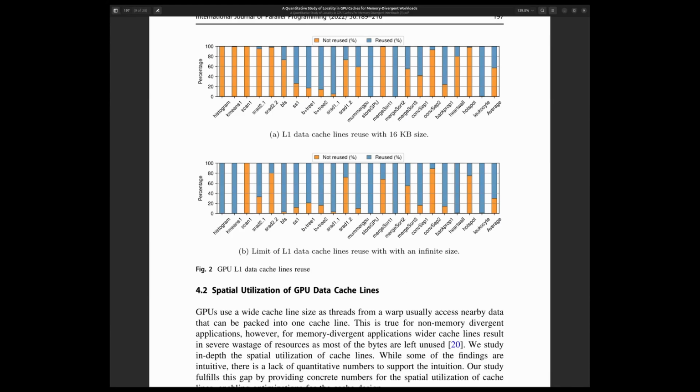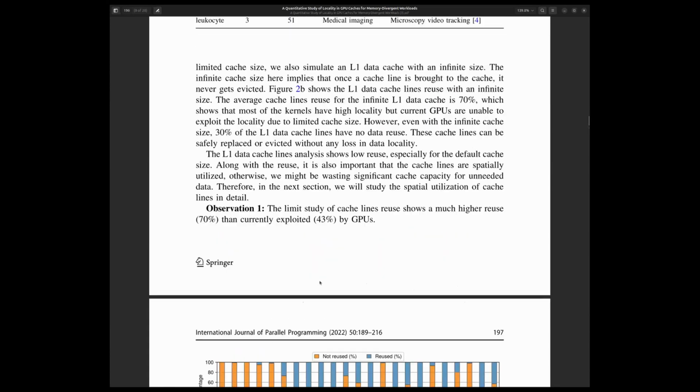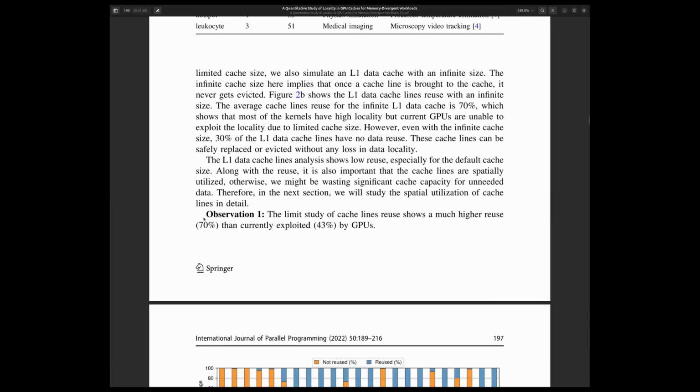The whole point of this is to see just how many cache lines are actually re-referenced and how many are never re-referenced. So what this says is that 70% of the cache lines are re-referenced.